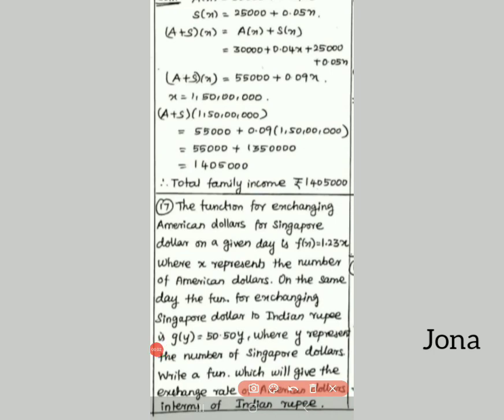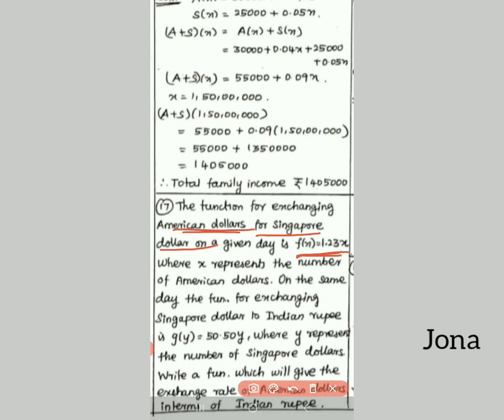17th sum. The function for exchanging American dollars for Singapore dollars is given as f of x equal to 1.23x, where x represents the number of American dollars. That function f of x is exchanging American dollars for Singapore dollars.